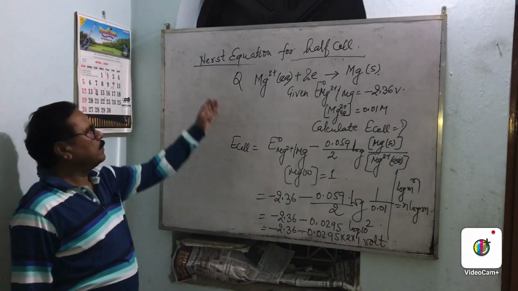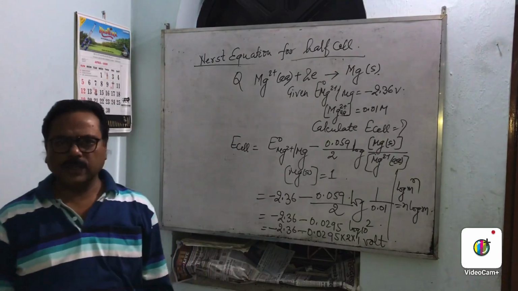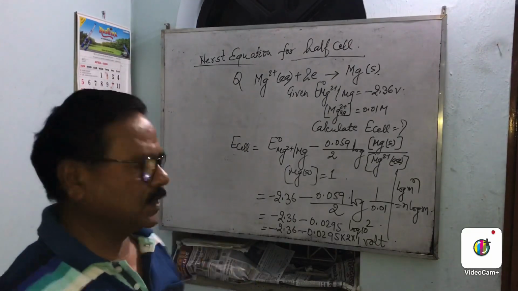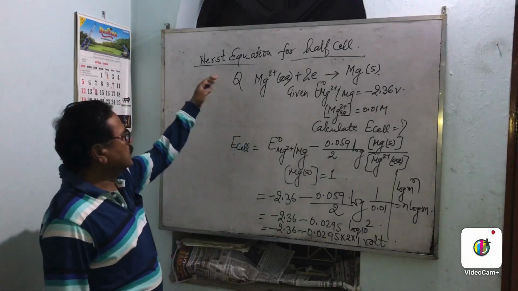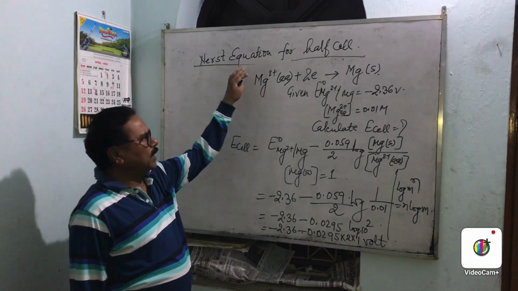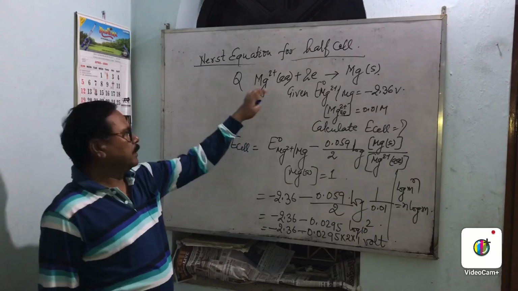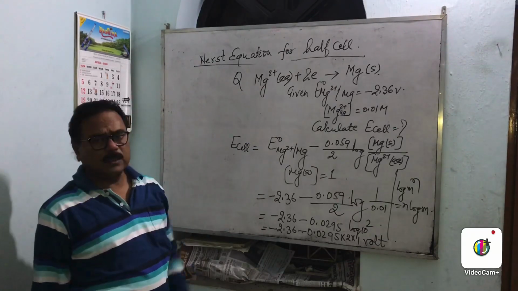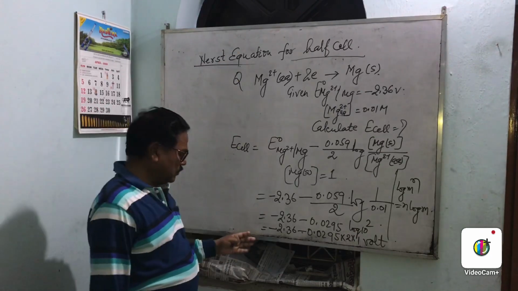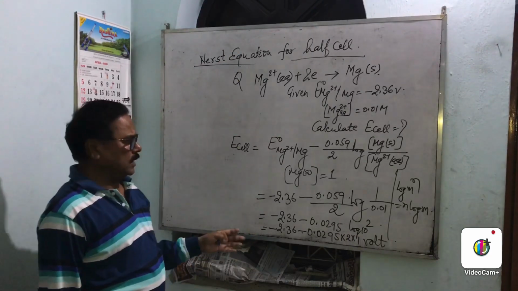So this is the Nernst equation applied in the case of a half cell. This was the general, and this is a particular example considering magnesium ion. Any metal ion can be considered to determine the EMF of the half cell.